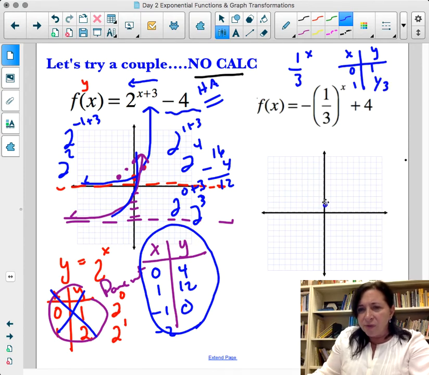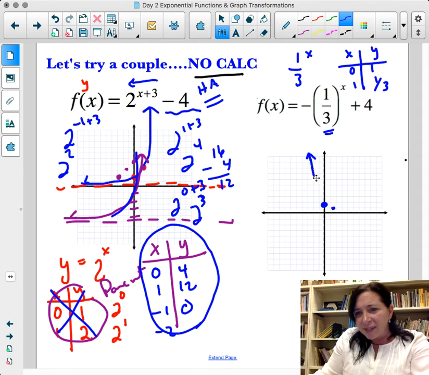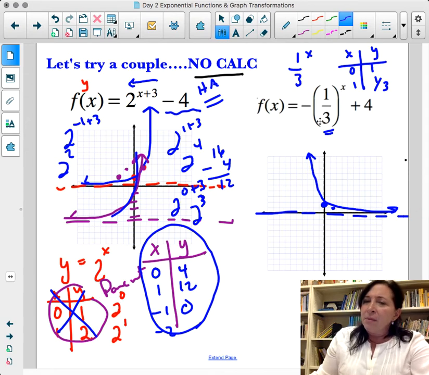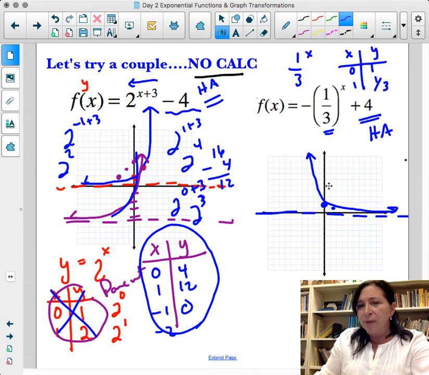So I've got so far 0, 1, and 1, 1/3. Now keep in mind, this is a fraction. So that tells me that my graph is actually a decay. It is going to come down. I still have my asymptote going there. But this value tells me that that's my horizontal asymptote. So my horizontal asymptote is going to be moving up 4 units, okay?